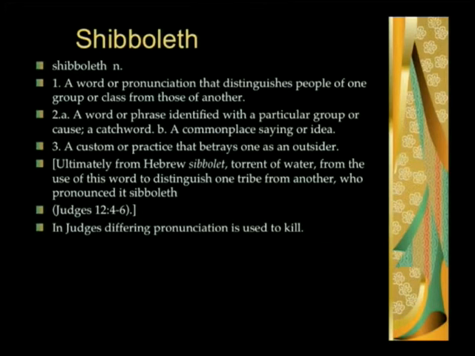In Judges, there's the biblical reference. The different pronunciation basically marks you as an enemy and is used to kill. Because obviously, if this is the way that you distinguish them, they look the same. You can't distinguish them by color, right?